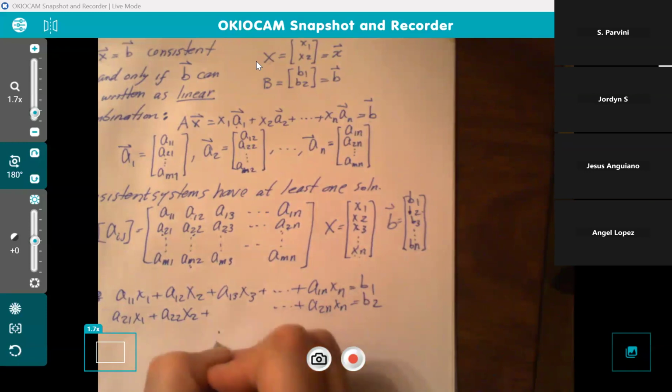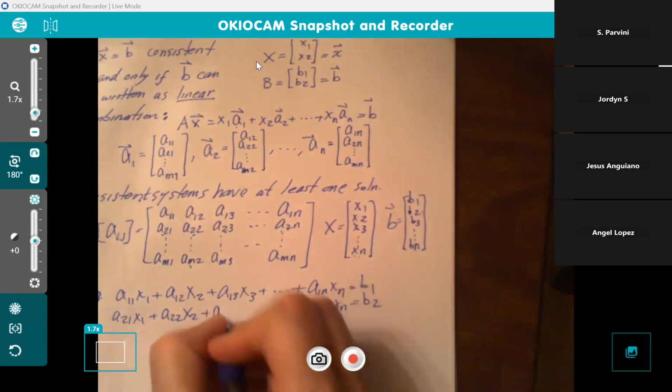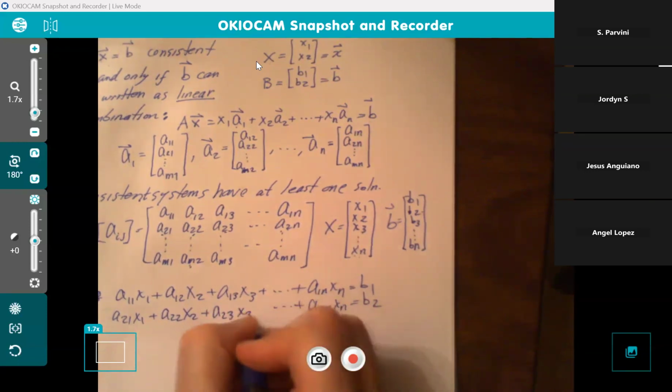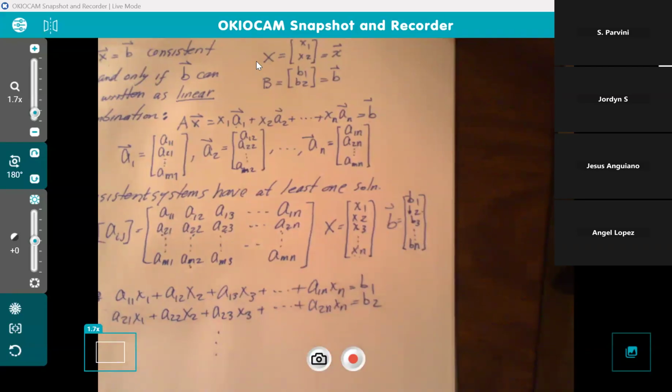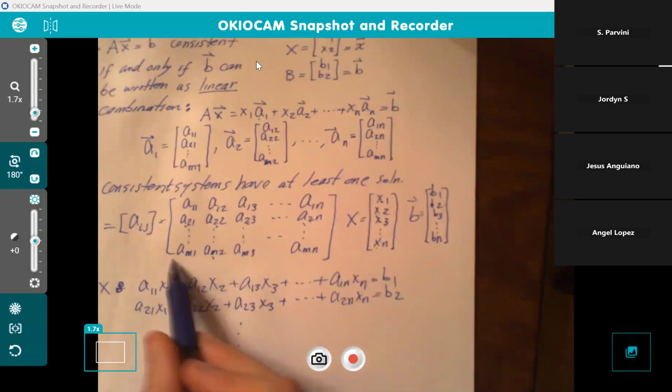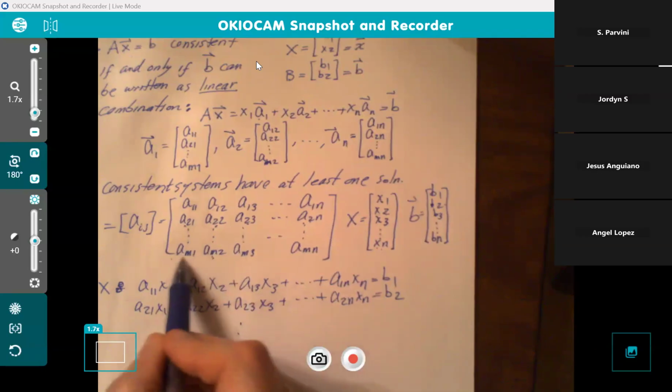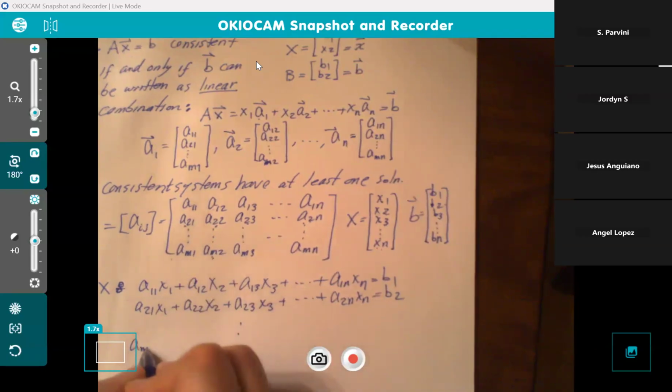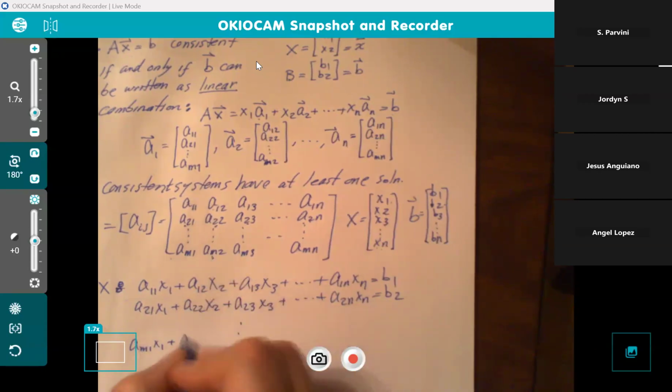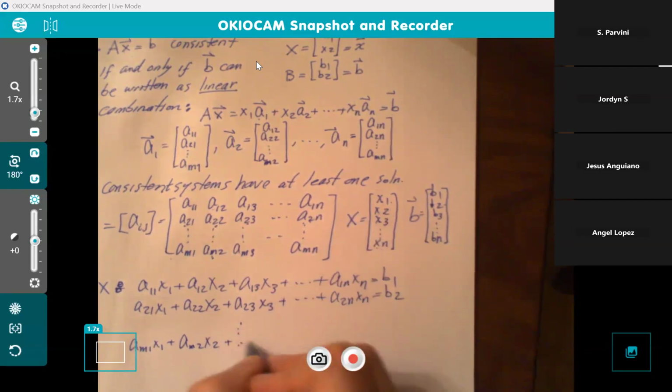And then you do this for all of them. This would be A23 x3, just to keep the pattern. And then all the way up to the last one. The last equation is Am1 times x1 plus Am2 times x2, and so on.